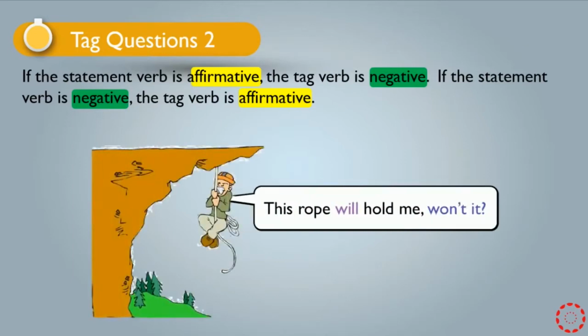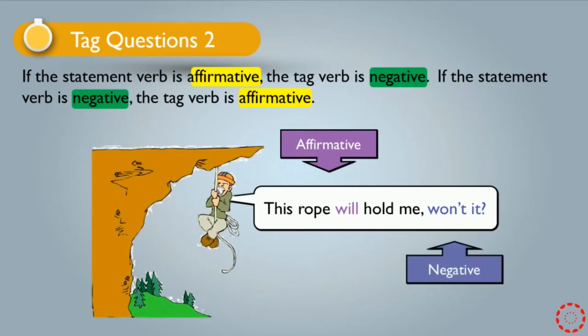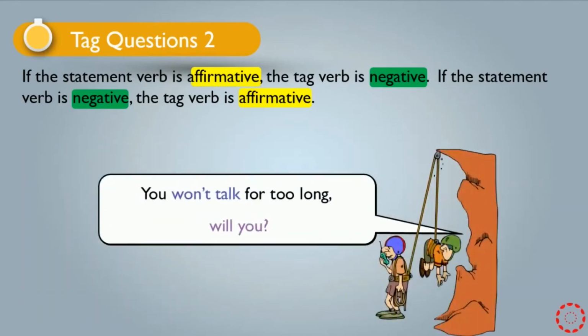Look, this rope will hold me, won't it? As you see here, this one is positive and this one is negative. As I said, if our statement is affirmative, the tag question became what? Negative. And also vice versa.